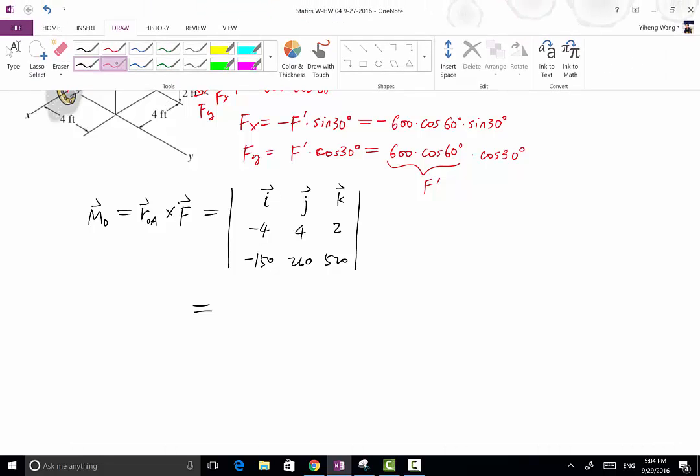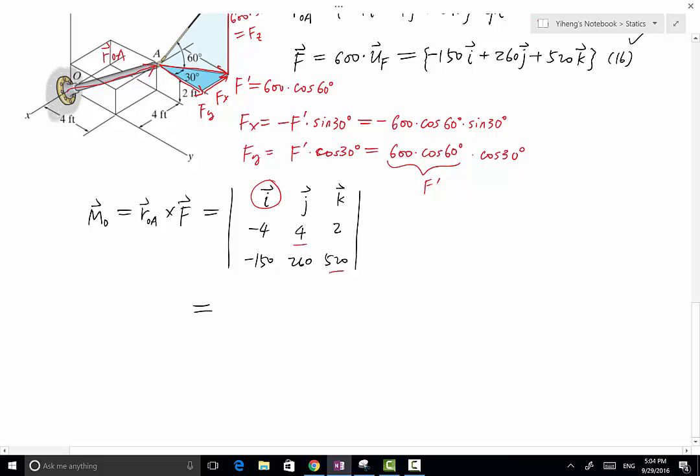For the i component, we take this multiplied by this, minus this multiplied by this. Therefore, we have 4 times 520 minus 2 times 260, i, and then we do a similar thing for j, except that we start with a negative sign. Negative, negative 4 times 520 minus 2 times negative 150, j.